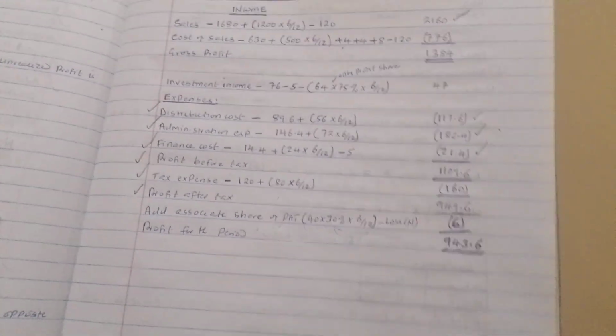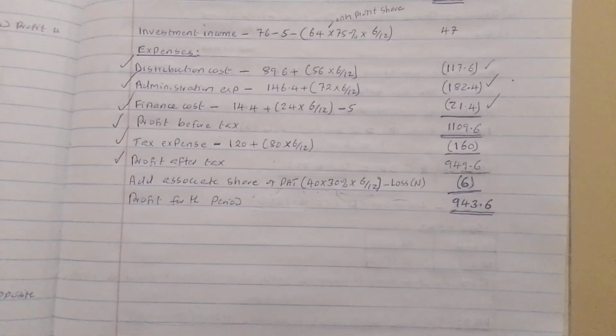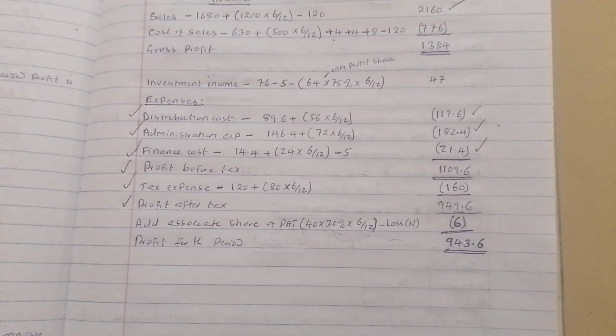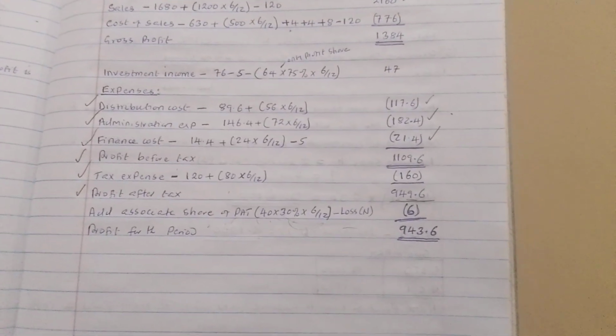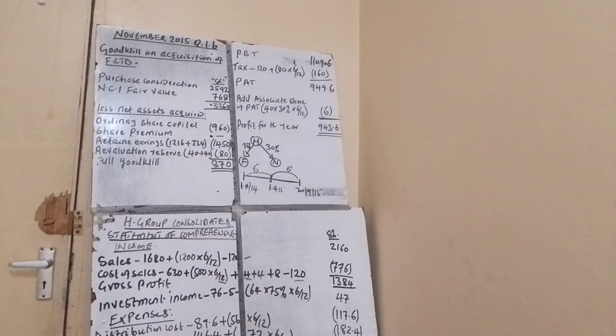Then on gross profit we usually add other incomes. We have investment income. Now something which is important for you to note is the 5.